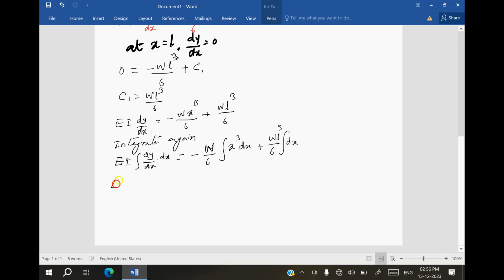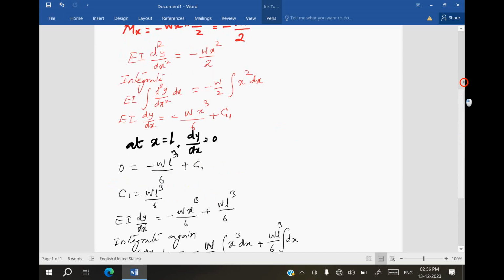So this will give me EI into y is equal to minus w into x to the power of 4 by 24 plus WL cube by 6 into x plus C2.